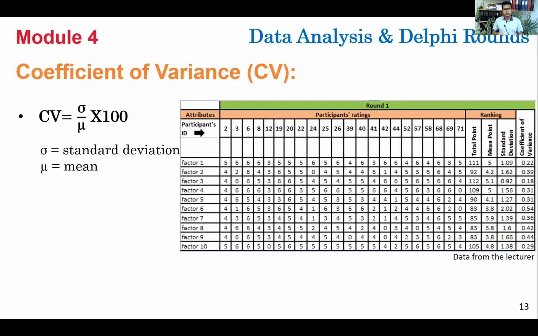However, according to the literature, the level of stability achievement is defined by having a CV value greater than 0 and less than or equal to 0.5. Now let's check how we can use this in identifying subsequent rounds and finding stopping criteria for further rounding.